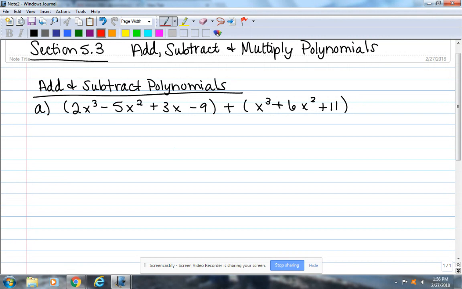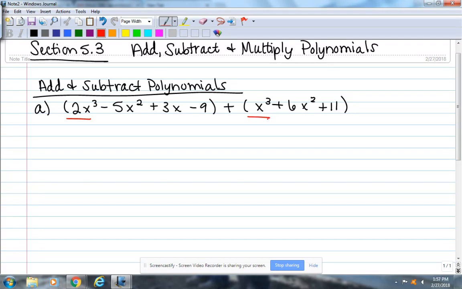So, when you do this, you need to do it in what we call decreasing order. That means you start with the highest degree and work down. And when I say degree, I'm talking about the power, the exponent. So what's my highest exponent I have in these two polynomials? X to the third power. So I have two things with x to the third, right?